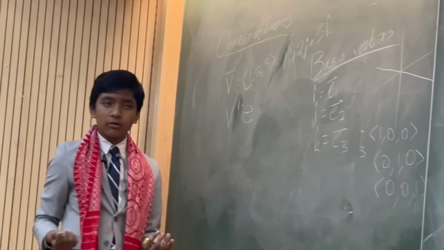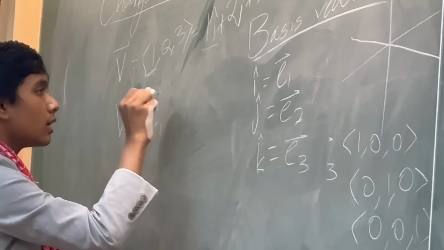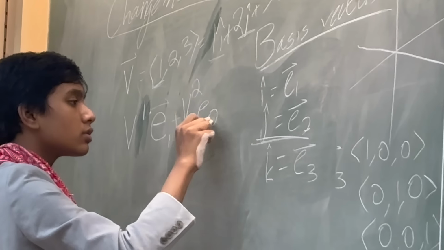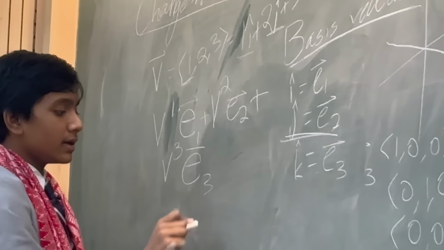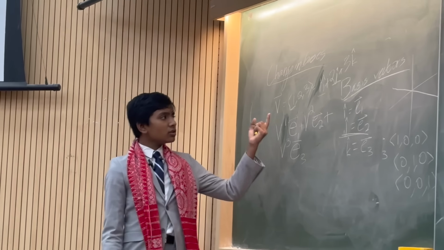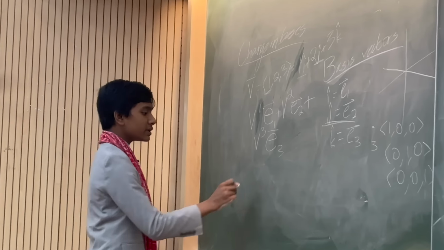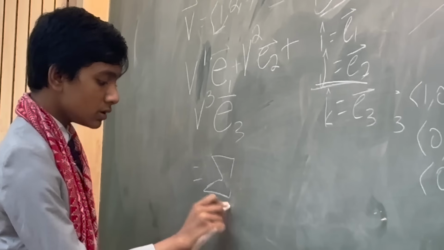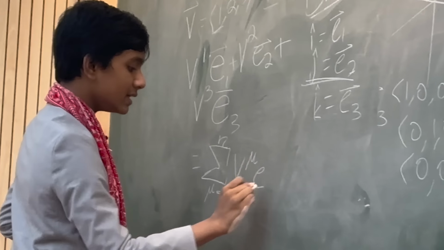So what that does is it allows us to write the first component, v1, times the first basis vector, e1, plus the second component, v2, times the second basis vector, e2, plus the third component, v3, times the basis vector e3. And we write this in general, not just for vectors that have 3 components, but for vectors that have 4, 5, and so on components, by simply writing this as the sum over mu, with mu equals 1 to however many components it has, of v^mu e_mu.